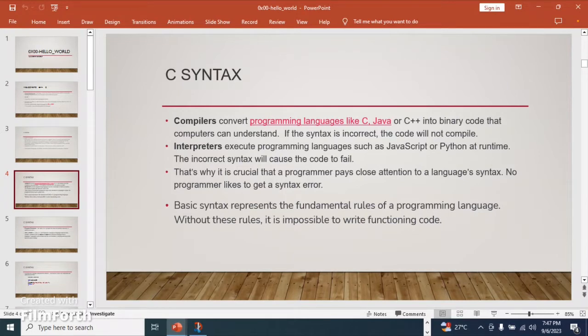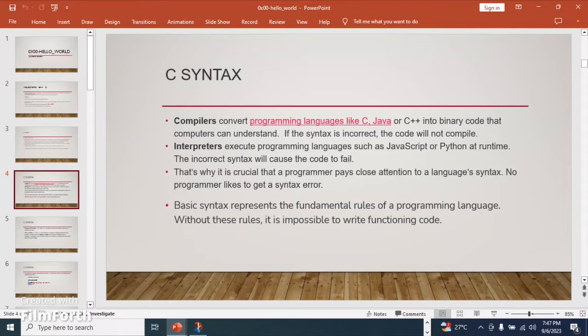Let's continue. A C program is written in a file that usually ends with the .c extension. The compiler converts this C program into binary code, zeros and ones that the computer can understand.